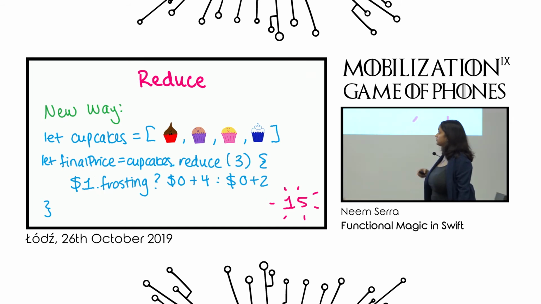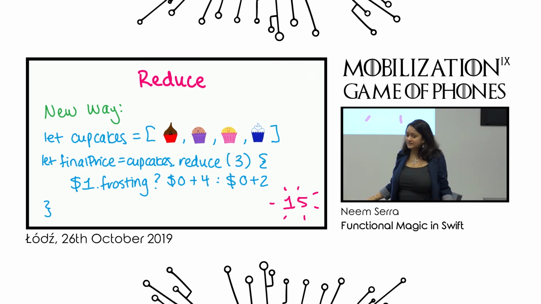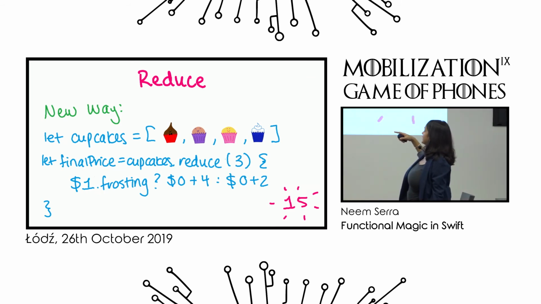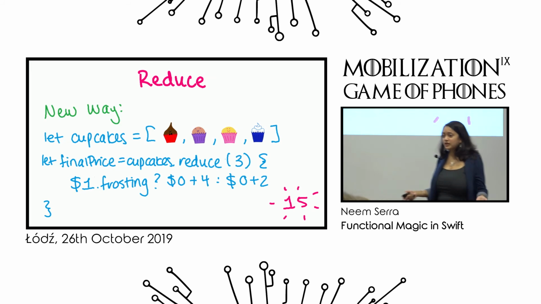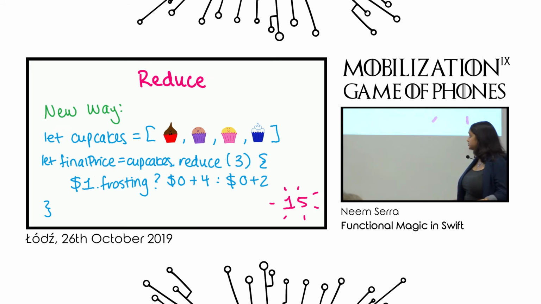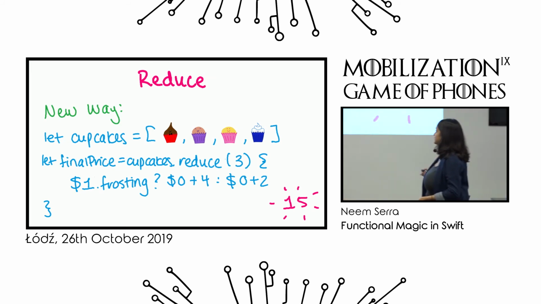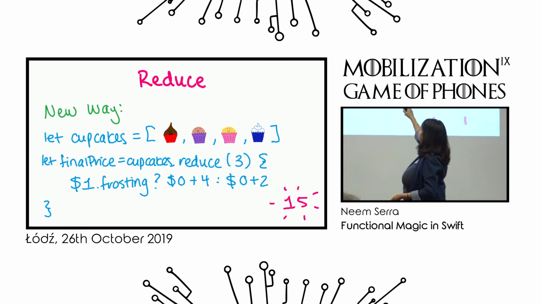Similarly, if we wanted to do something a little more fancy, say I had some frosted cupcakes and some unfrosted cupcakes. Frosted cupcakes would be $4, unfrosted cupcakes would be $2. So what I would do in this instance is I would say, hey, my initial value is $3, but if my cupcake has frosting, I want you to add $4 to the final price.